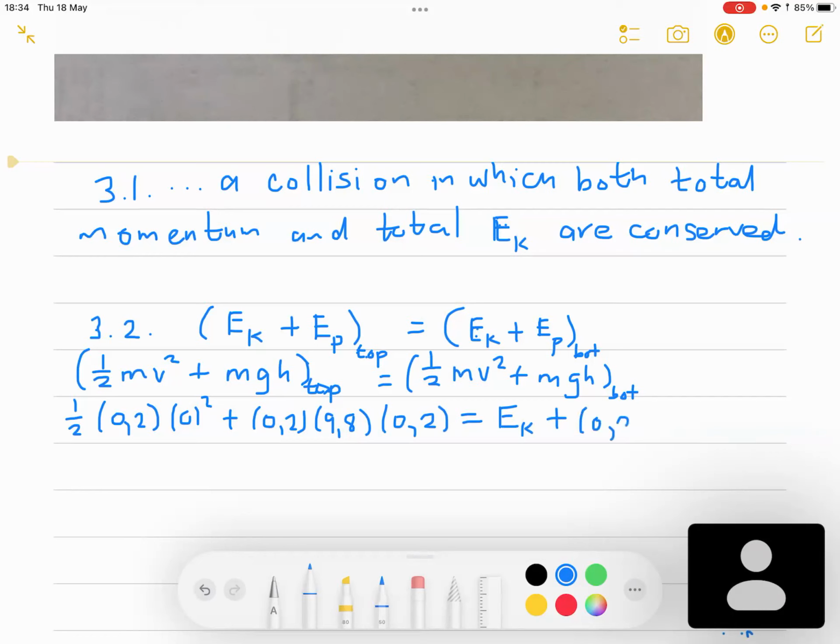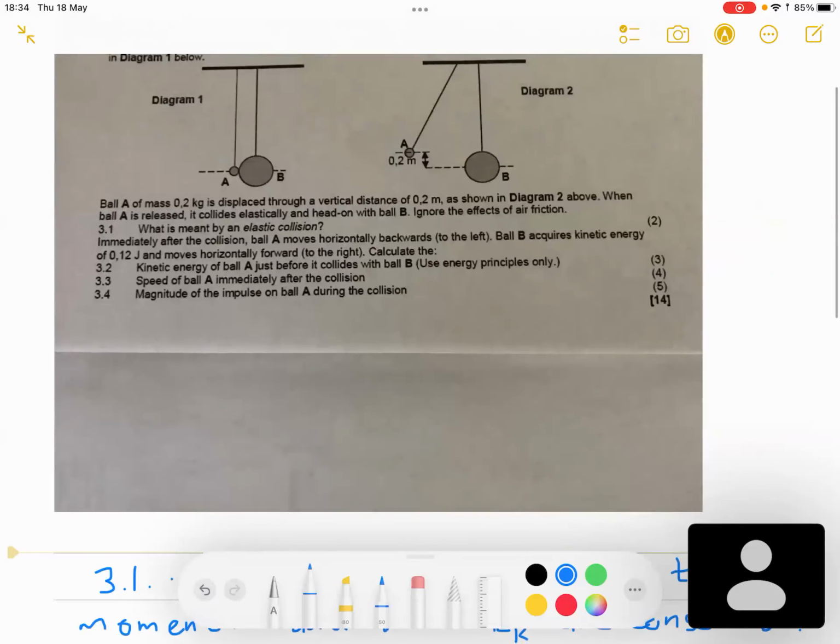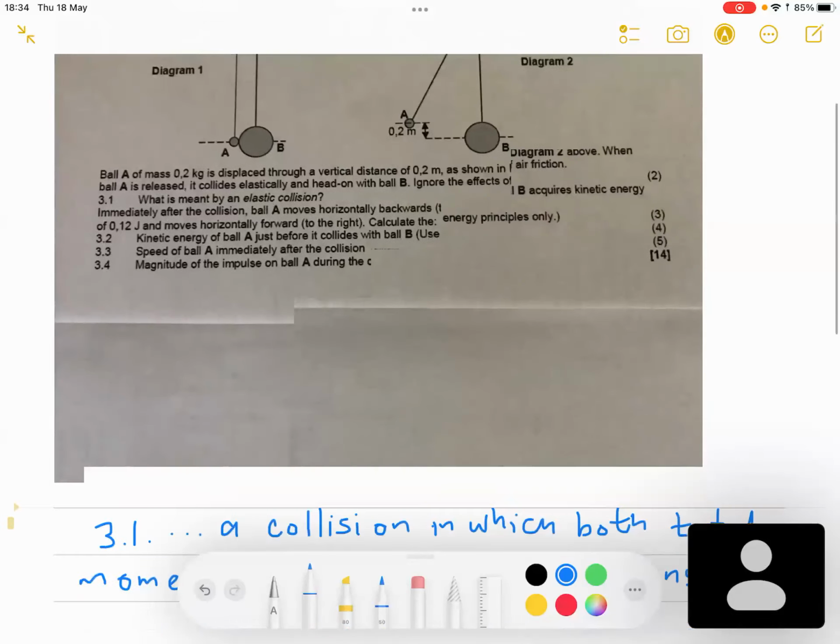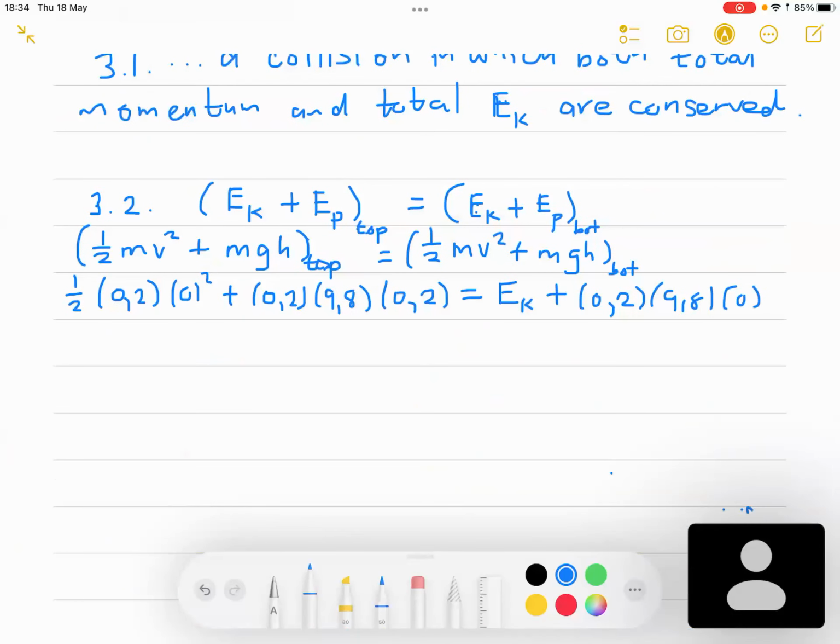M is 0.2, g is 9.8, and at the bottom, h is 0. Okay, so just to show you, this 0.2 that we measured is from the 0. So when it knocks ball B, the height is 0 at the bottom. So that whole term cancels. Okay, so this whole term is 0, and that whole term is 0.